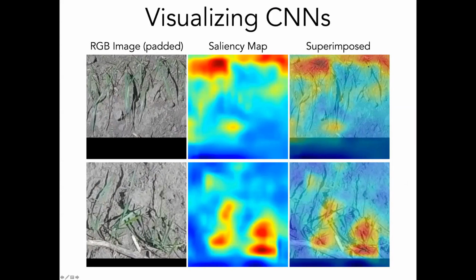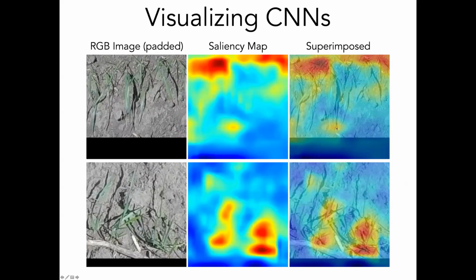And what we found was that the network seemed to focus on the base region. In the top example, the base of the plants is on the top edge of the image. In the bottom example, the base is on the bottom. So the heat map regions are towards the base of the plant. That aligned well with what the plant scientists were doing.